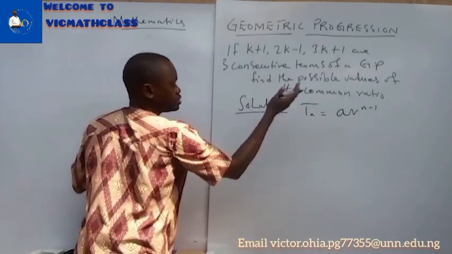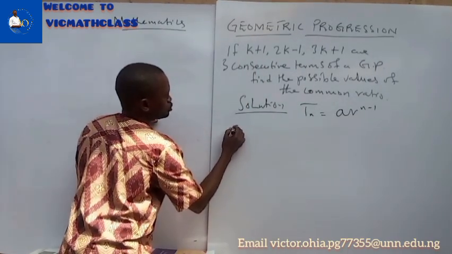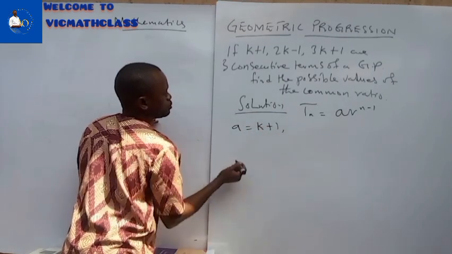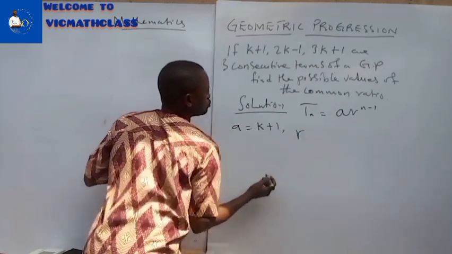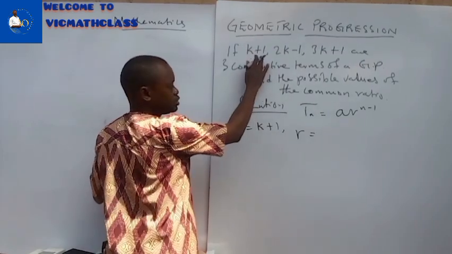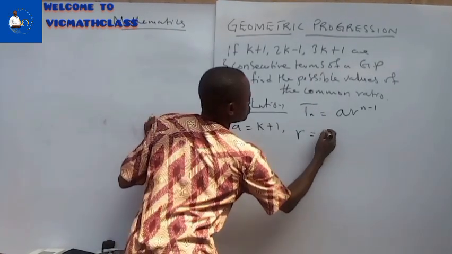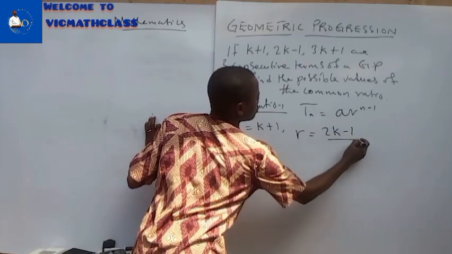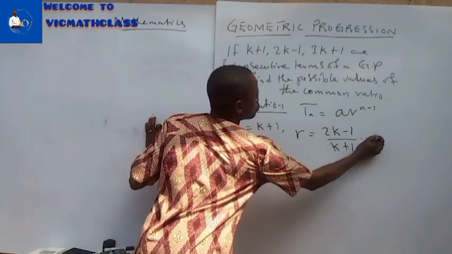I used to say that the common ratio, of course, a here is a plus 1, and r being the common ratio, I used to say it is latter divided by former. So what we have here is 2k minus 1 all over a plus 1. I call this equation 1.